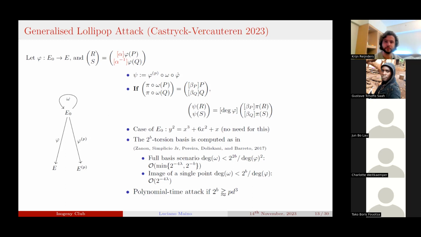The assumption is that the basis, the points that we are evaluating under phi, must be eigenvectors for the endomorphism omega composed with pi, where pi denotes, as usual, the Frobenius endomorphism. And if this is the case, then we know how to evaluate the isogeny psi at R and S. The evaluation of psi at R and S is given by this quantity here.